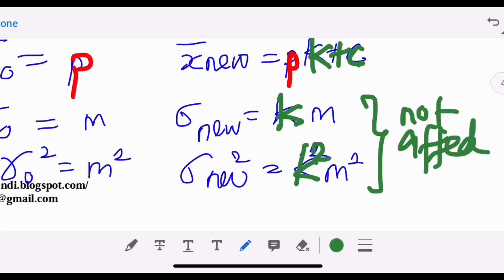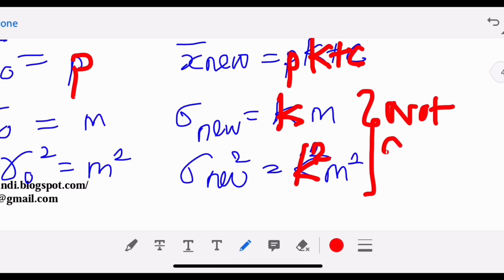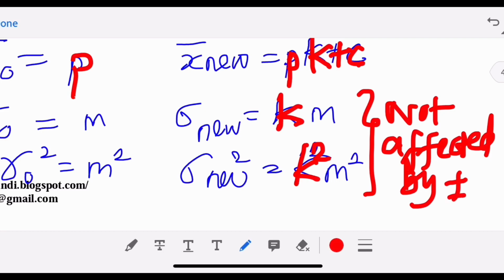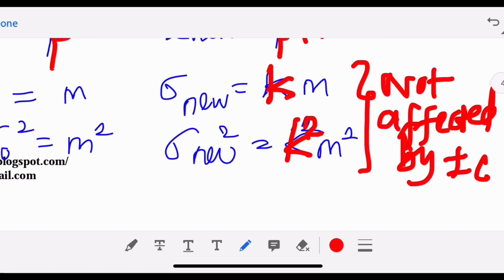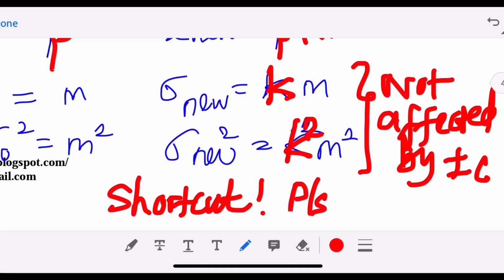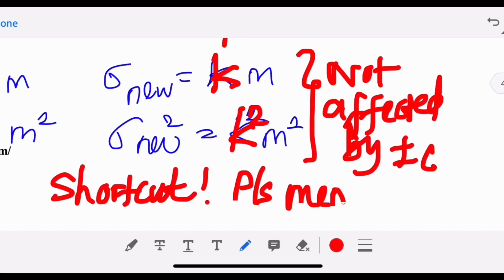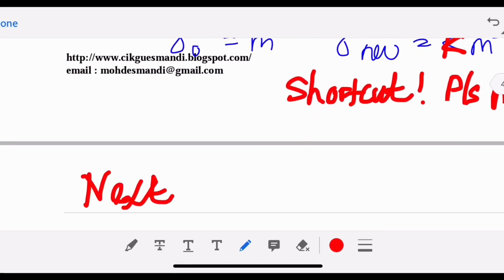The standard deviation and the variance are not affected by the plus or minus of the data. So please bear in mind that they are only affected by the number you multiply, and not the number that you add or subtract. Clear? This is a shortcut that many students tend to forget, so please always practice so that it will be permanently in your memory.